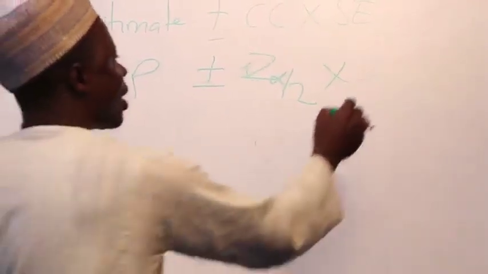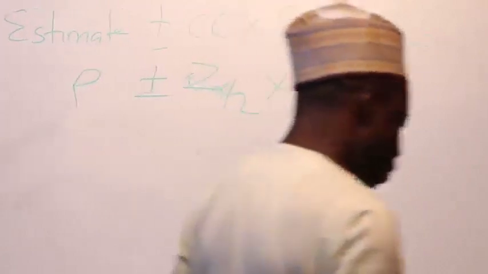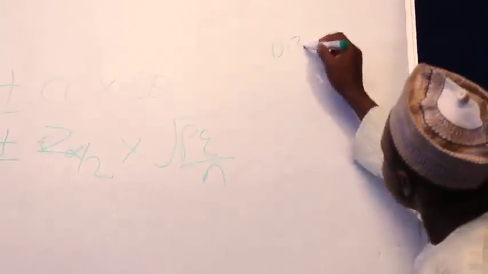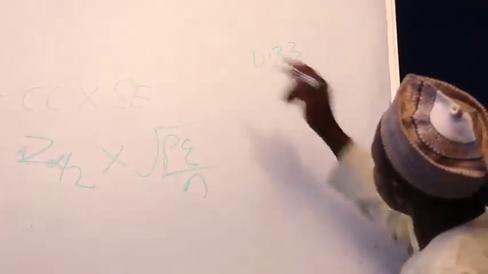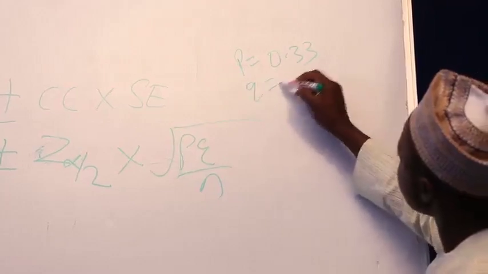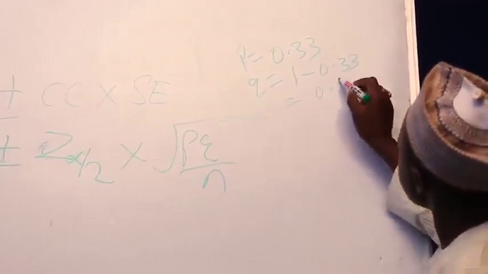And for proportion, standard error is root of PQ all over n. So let us take the proportion of children that are anemic in a community. Let's say P is 33%. So our Q will be equal to 1 minus 0.33, which is equal to 0.67.